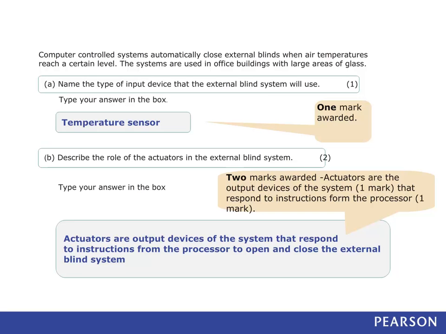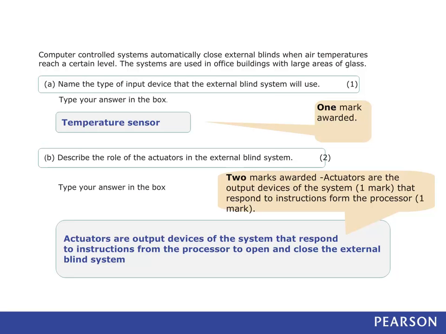Part B. Learners were able to identify that actuators were systems output devices for 1 mark, and gained the extension mark by providing an appropriate expansion by describing how they respond to instructions from the processor to control or activate the movement of the blinds.